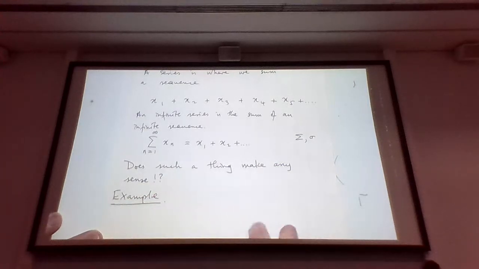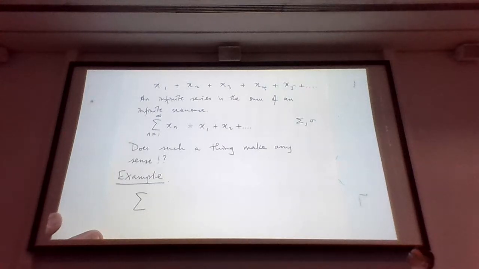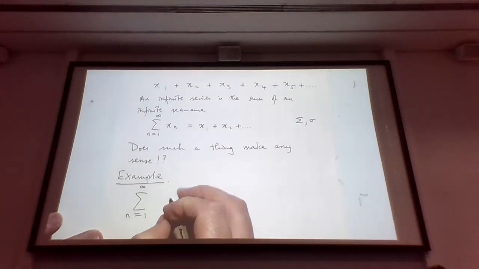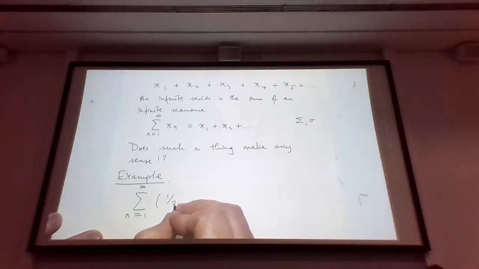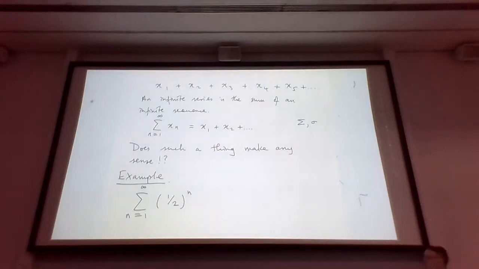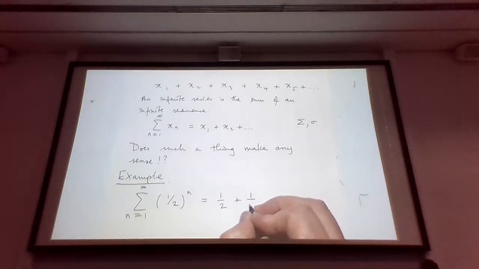For our first example, here we're going to sum from n equals 1 to infinity, and we're going to sum 1/2 to the power of n. So this is the sum. When n equals 1, you have a half. When n is 2, you've got a quarter.